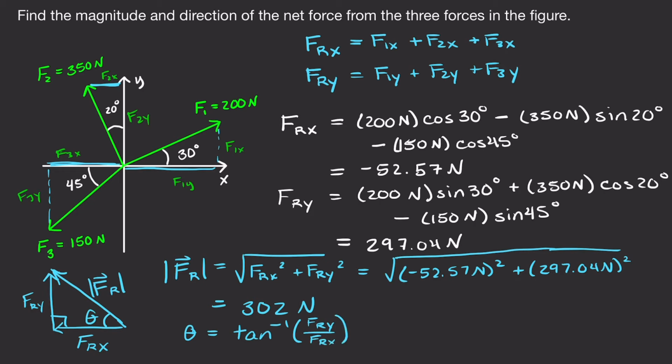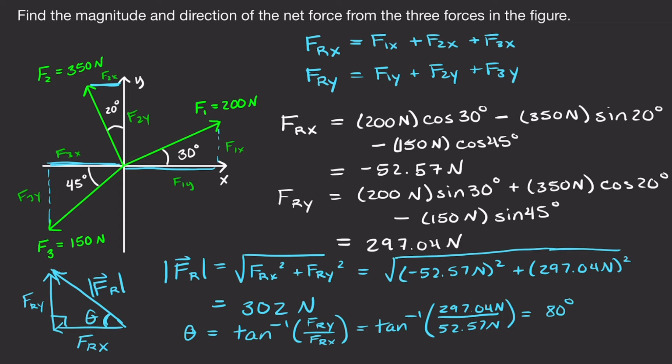And since I know what my angle is going to be here, I'm just going to punch these in positive. So 297.04 newtons over 52.57 newtons. And this will give me 80 degrees. So that is this angle here on my right triangle.